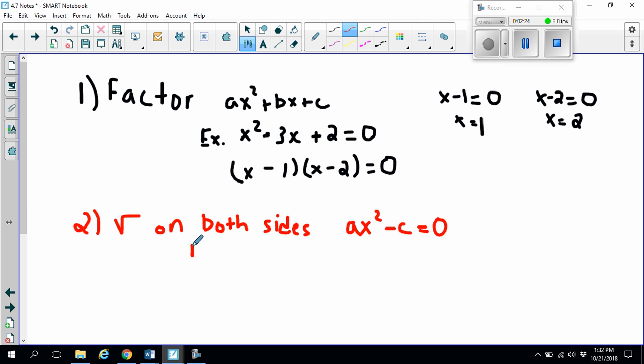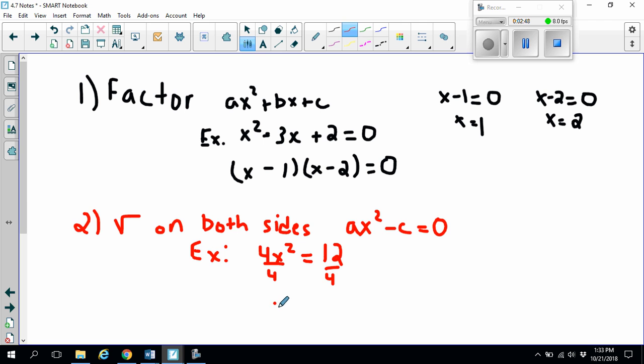An example of this would be maybe like this. We would have 4x squared equals 12. Well, to solve, know that we don't have a middle x term, right? So we just divide both sides by 4.